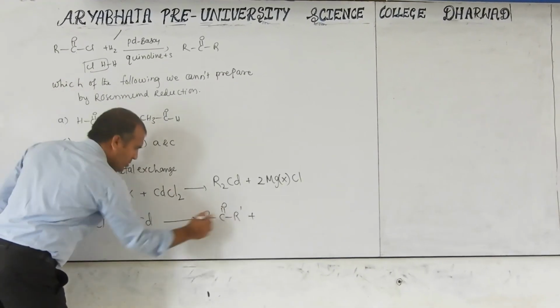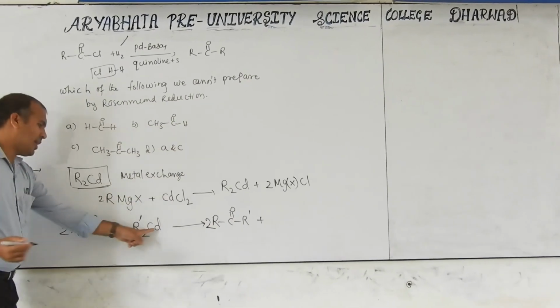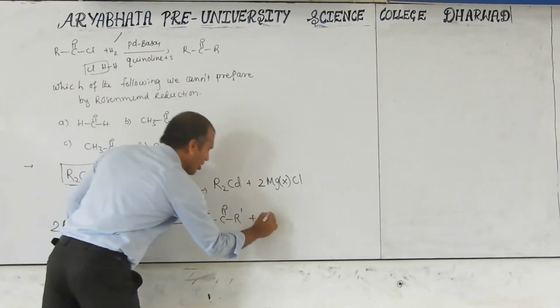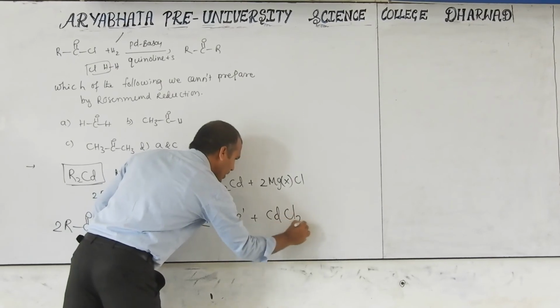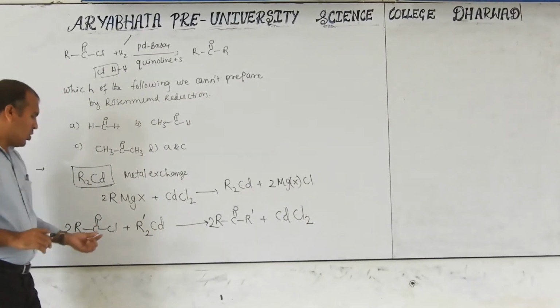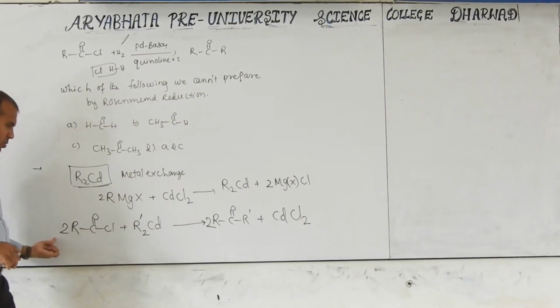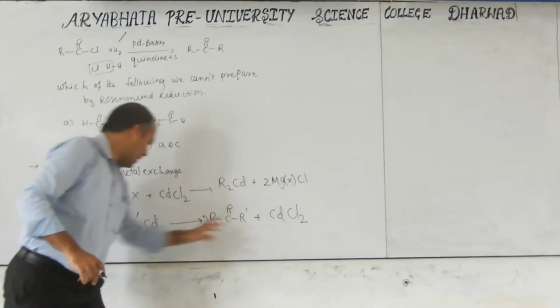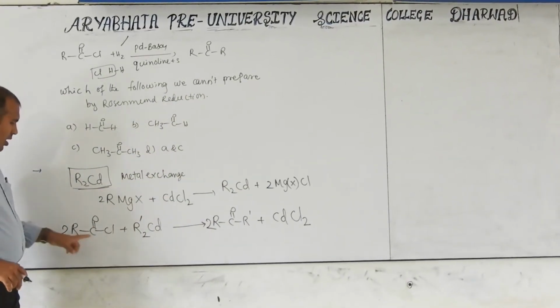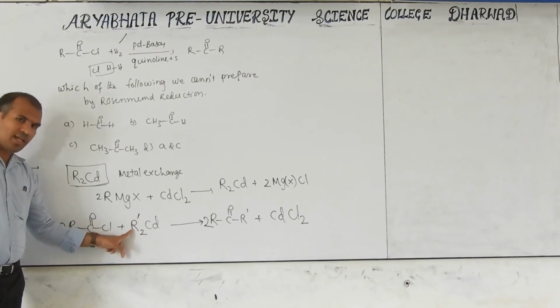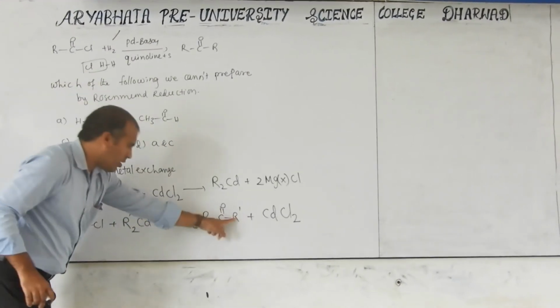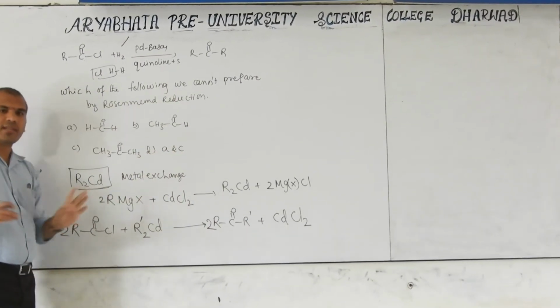Then 2 R groups here. Then cadmium and this chlorine form cadmium chloride. Carefully observe. 2 chlorines are there, 1 cadmium, 1 cadmium. R dash groups, how many are there? 2. Then here also R dash, how many are there? 2. So totally balanced equation.